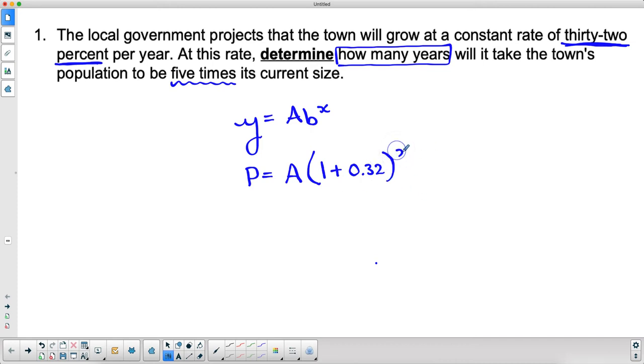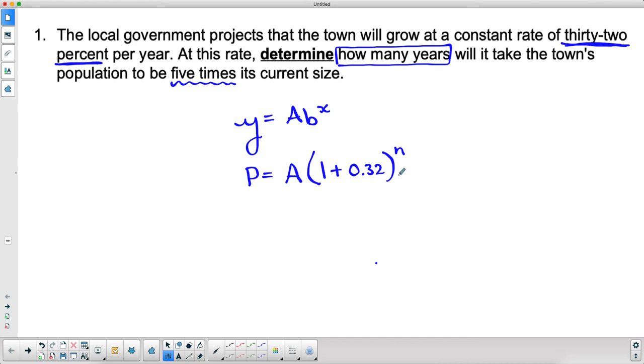And then X, in this case, represents the number of years, how many years that the population is growing. We can leave it as an X, or some people like to say number of years, so let's actually use an N there instead. So we'll be using N. Okay, now there's the model that we have.